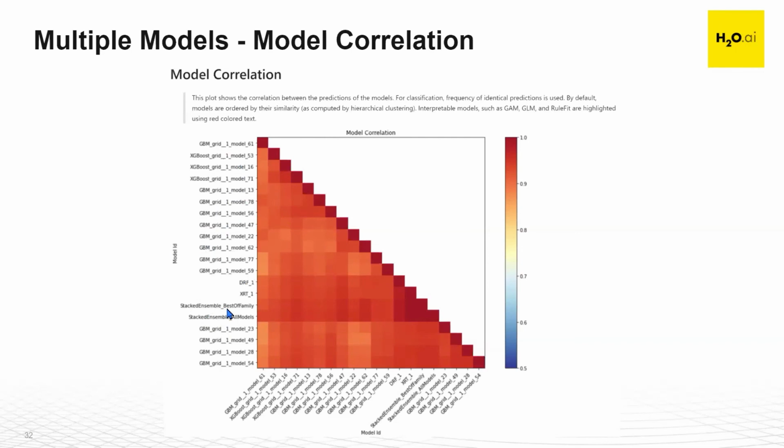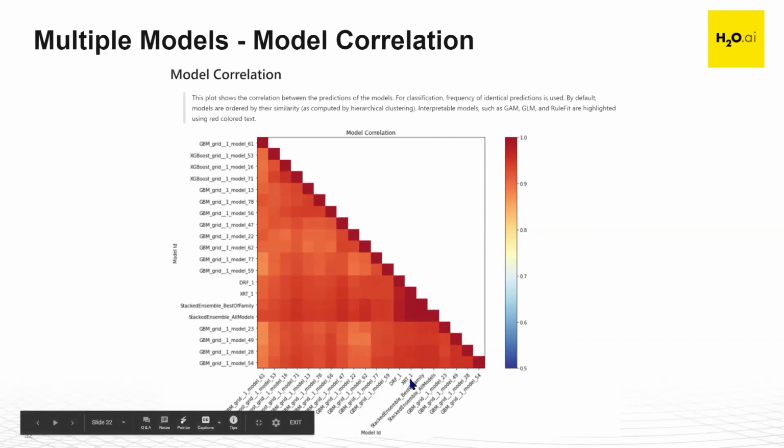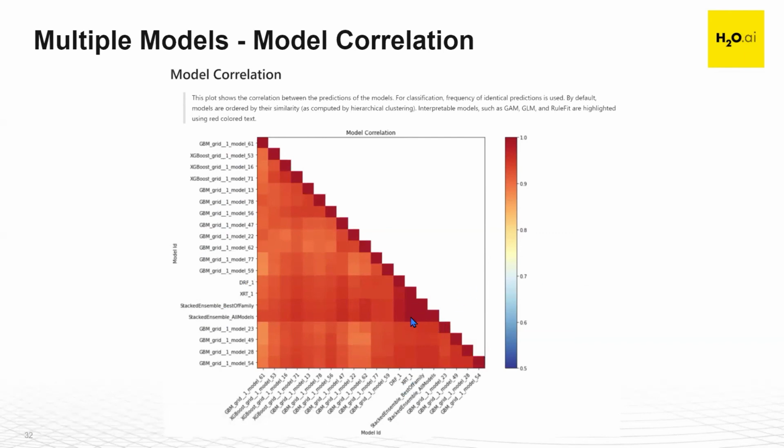It's not always the case, but if I have a stacked ensemble that's highly correlated, and at this time it's highly correlated to just one single model, this is the extreme random forest here, then I may not be too confident about how this will achieve the best performance in real life.